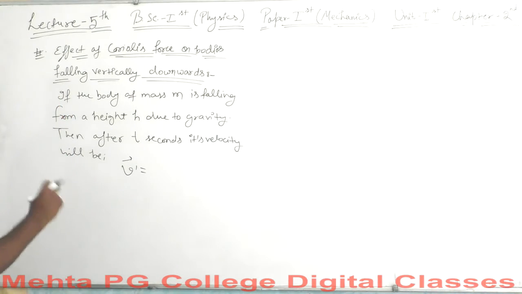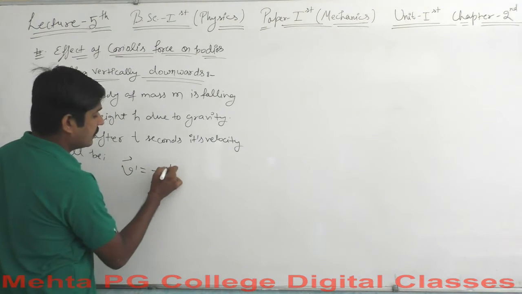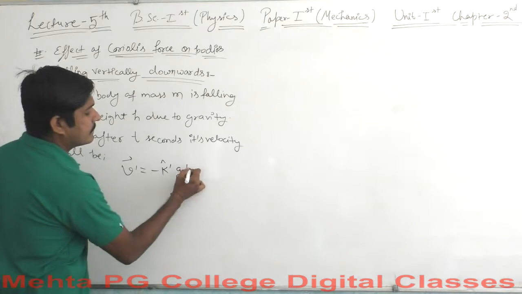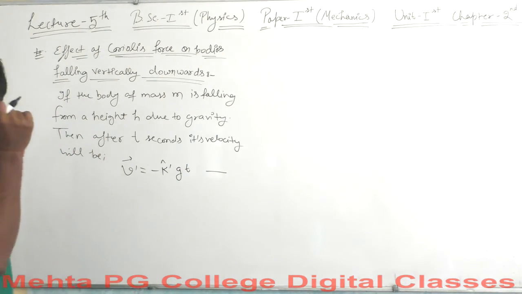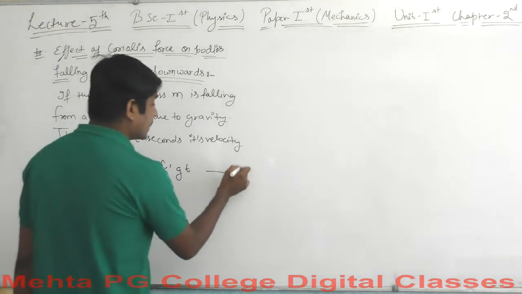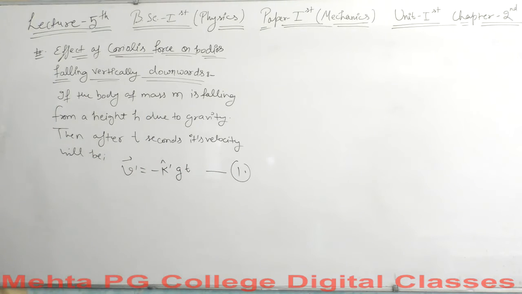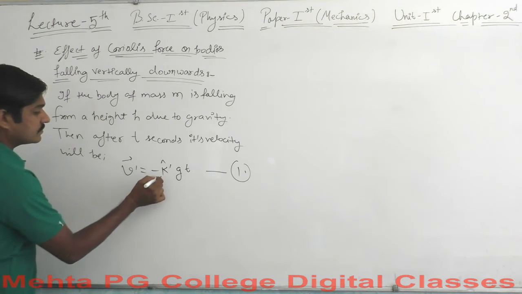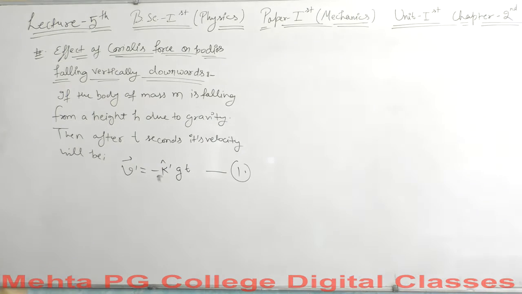So this will be equal to minus k dash g t, where g is the acceleration due to gravity and t is the time, and k dash cap is the unit vector vertically upward.